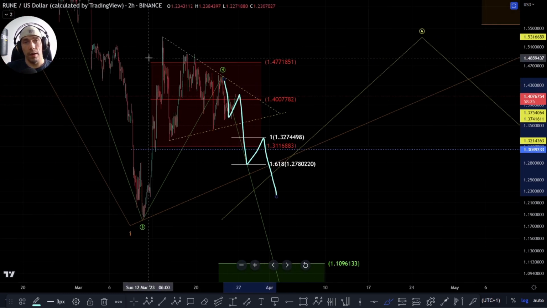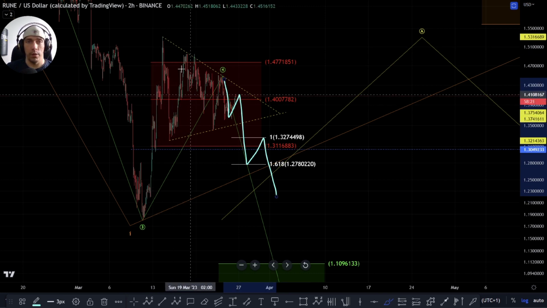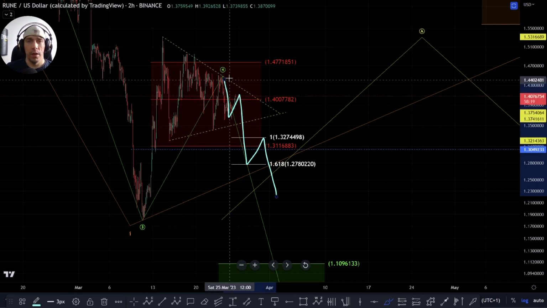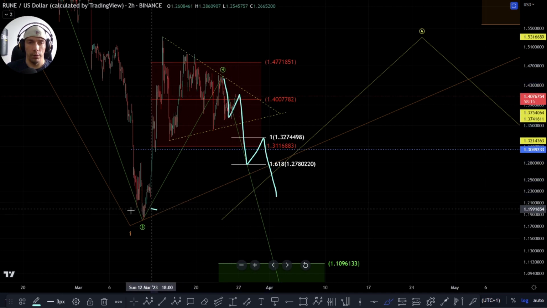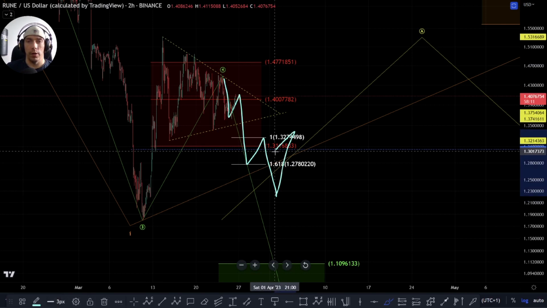So this could play out like this. If we got something like this though, given the current structure, it wouldn't actually look to take this low.